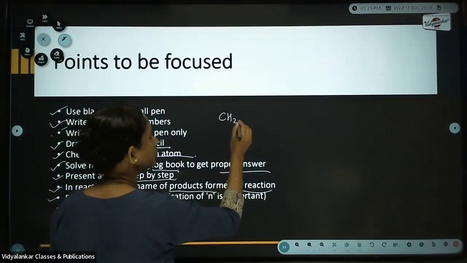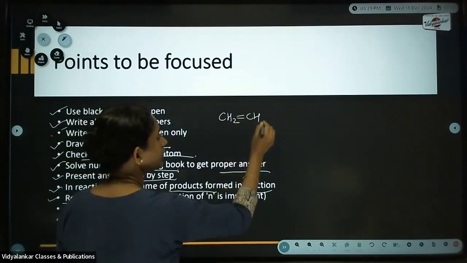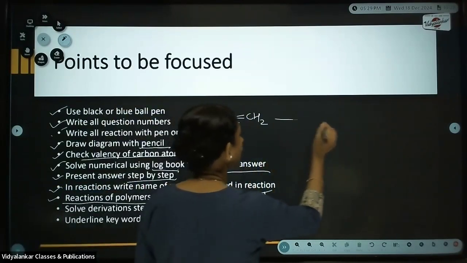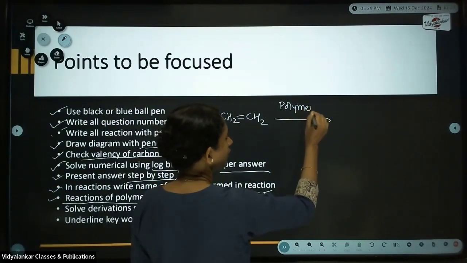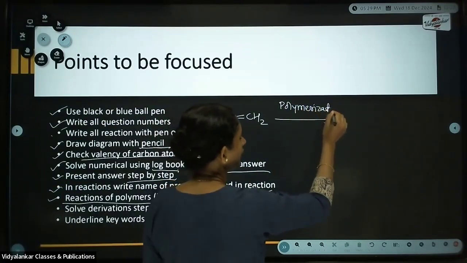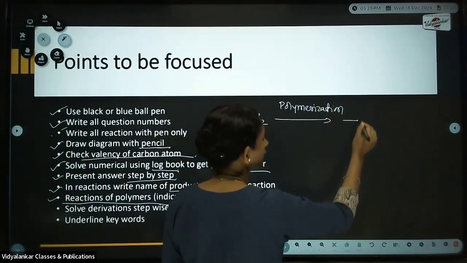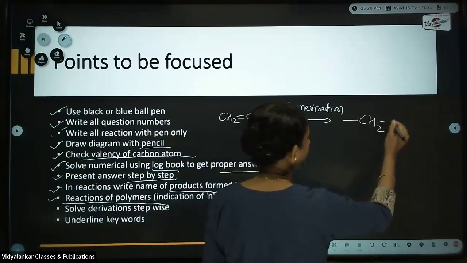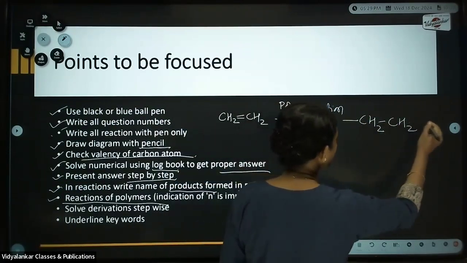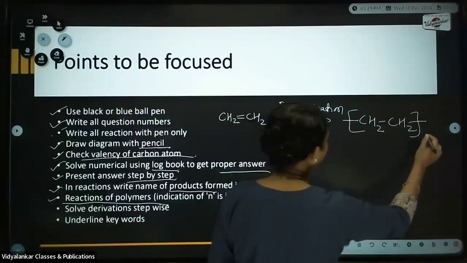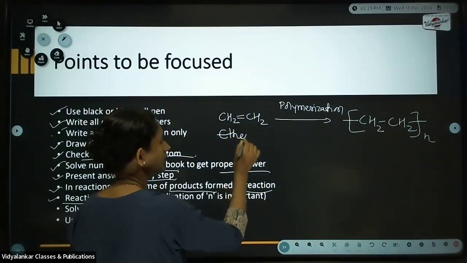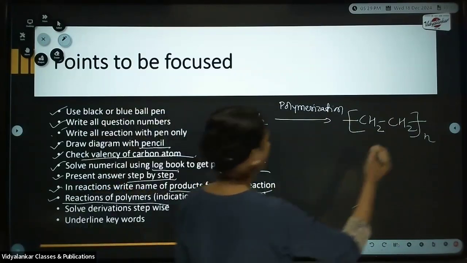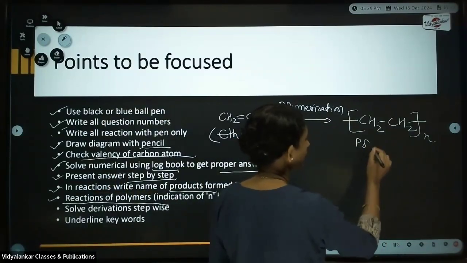Ethene is CH2=CH2, which undergoes polymerization and gives the formation of -CH2-CH2- in square brackets, n. We consider the monomer as ethene and the polymer as polyethylene.